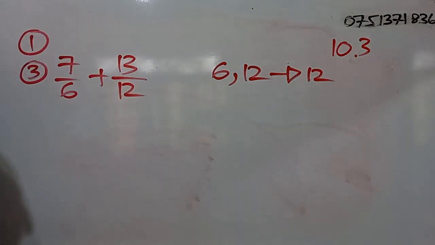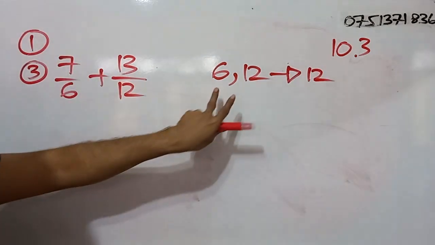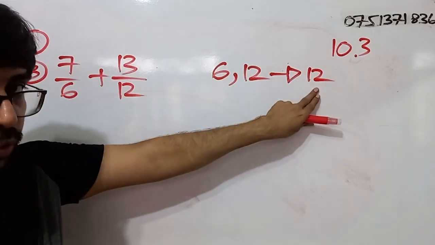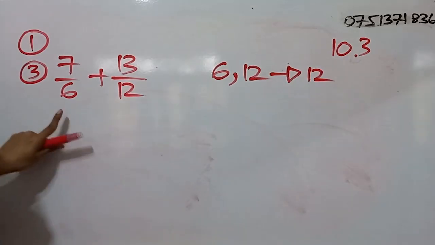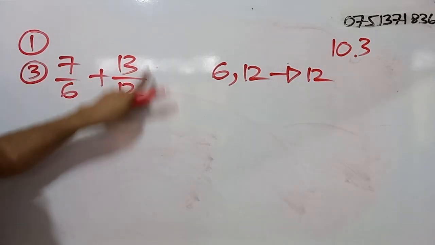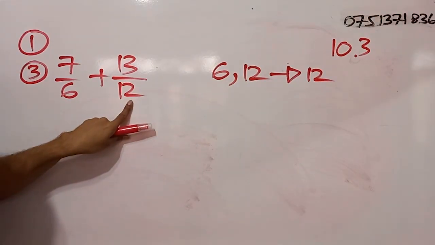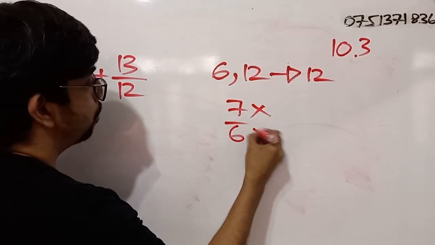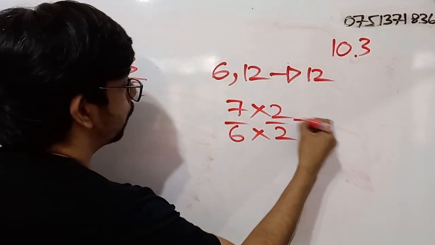That means we have to convert both of these denominators into 12. But actually, we only have to convert the first fraction, because in the other fraction the denominator is already a 12.